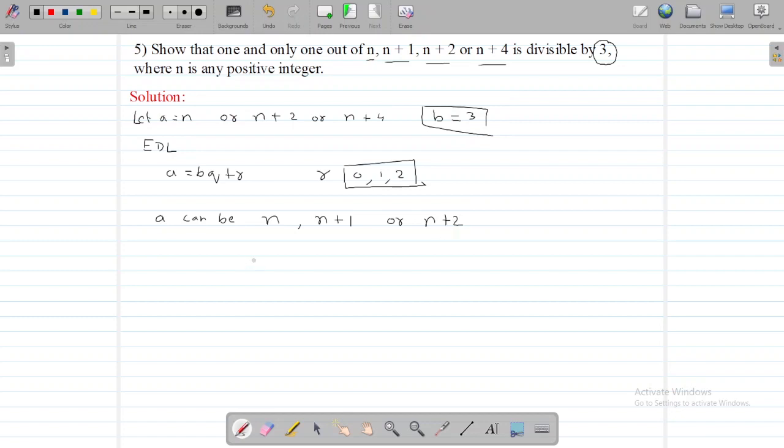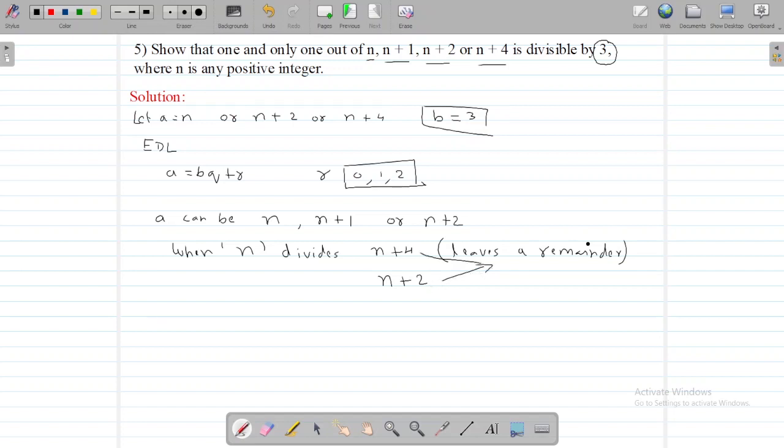According to the division lemma, n divides, and it leaves a remainder when dividing n plus 4, as well as this n plus 2, it also leaves a remainder.